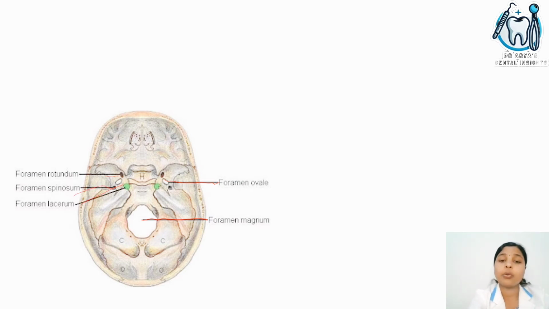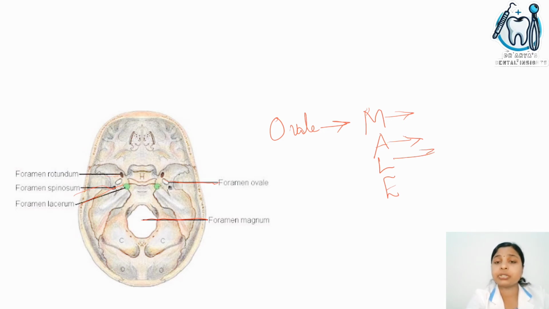The foramen ovale has a mnemonic, MALE. M is for the mandibular nerve, A for the accessory meningeal artery, L for the lesser petrosal nerve, and E for the emissary vein connecting the cavernous sinus with the pterygoid plexus of veins.